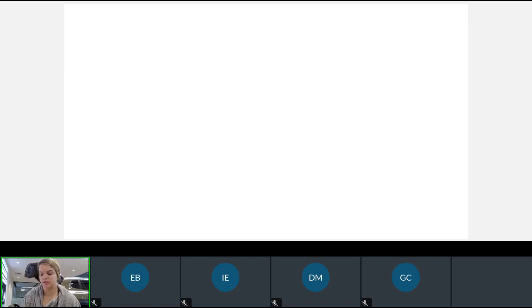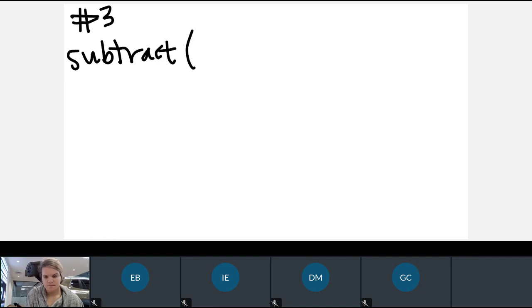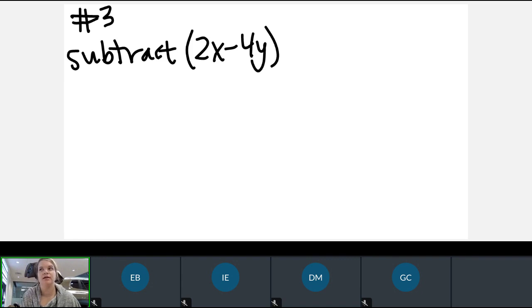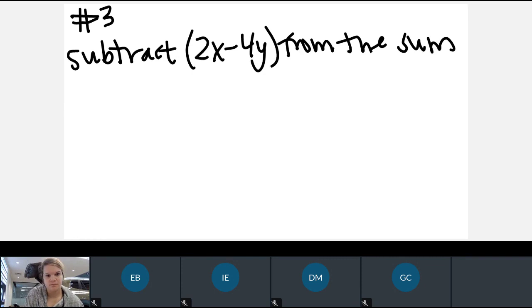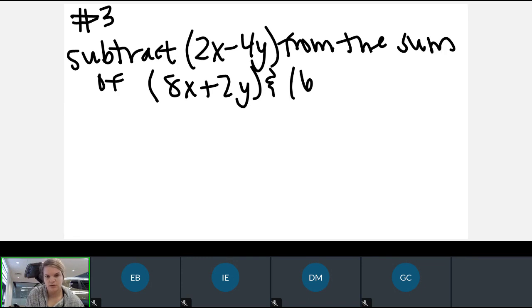It has subtract and sum. So let's say that this is like number 3 on the test. Subtract 2x minus 4y from. So that means you're going to take this at the end. From the sum of 8x plus 2y and 6y. Okay, so a sum means you've added.